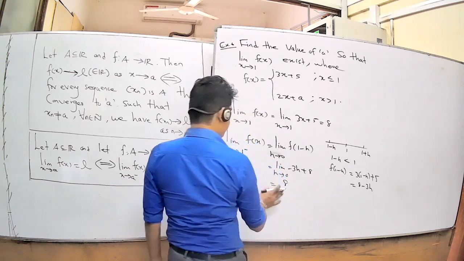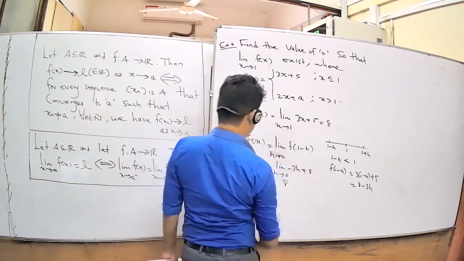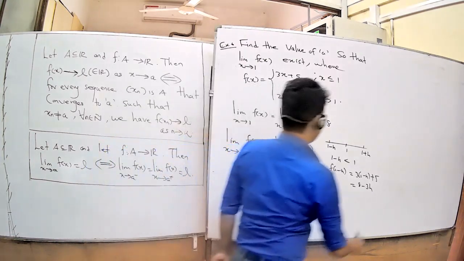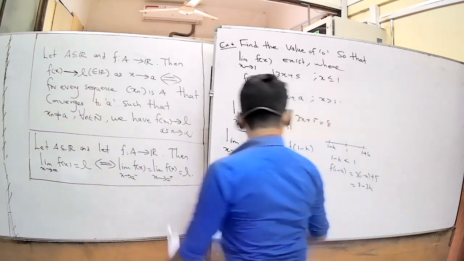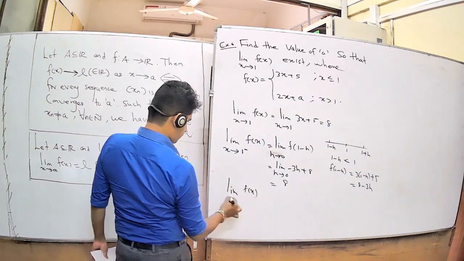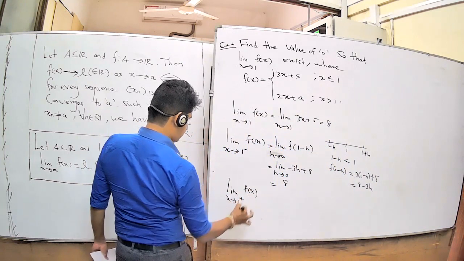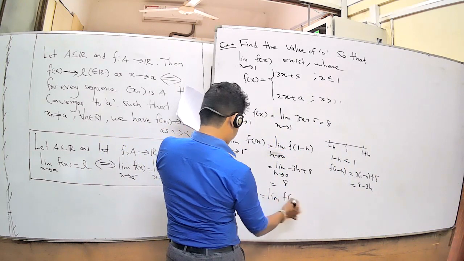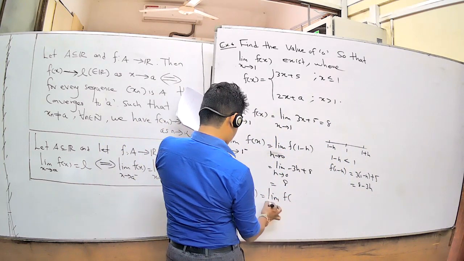Okay, left limit 8. Right, now we consider the right limit. Right limit means limit of f of x as x tends to 1 plus, therefore limit as h tends to 0.